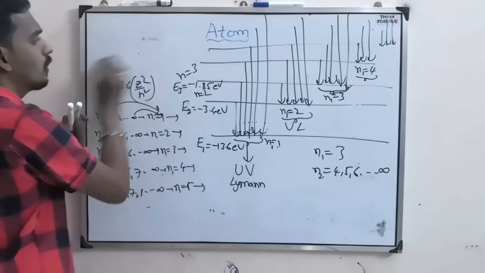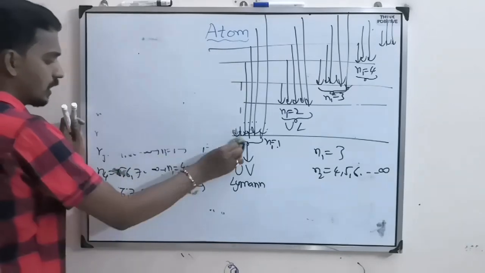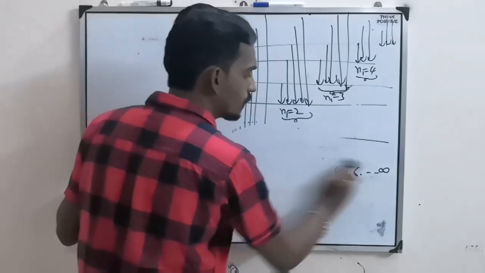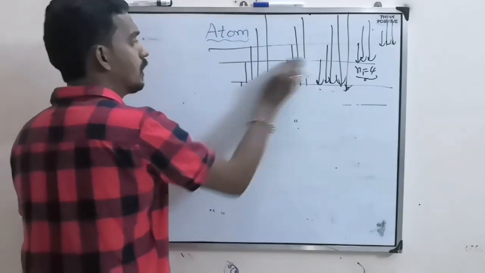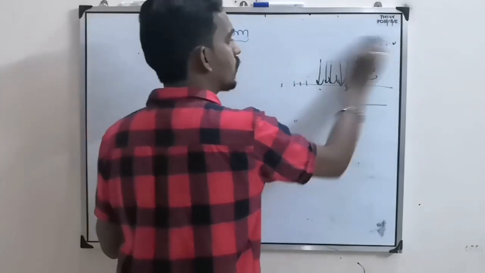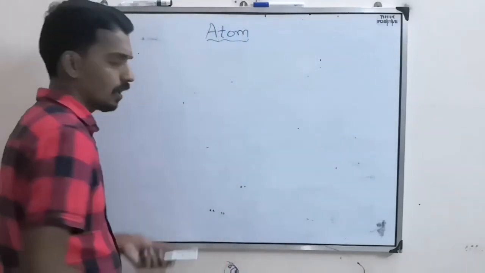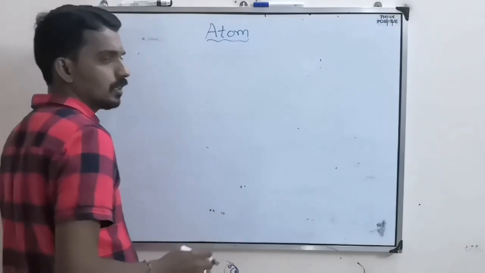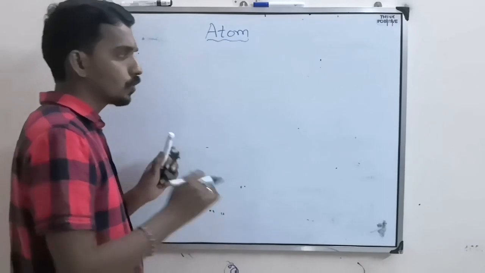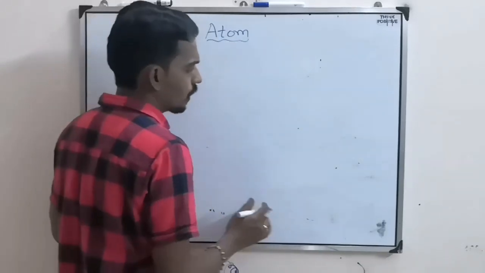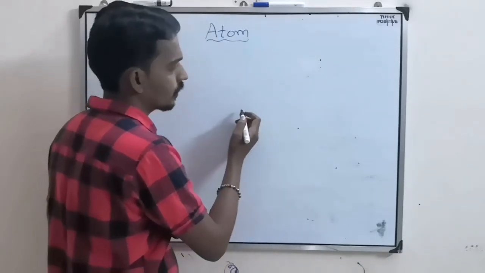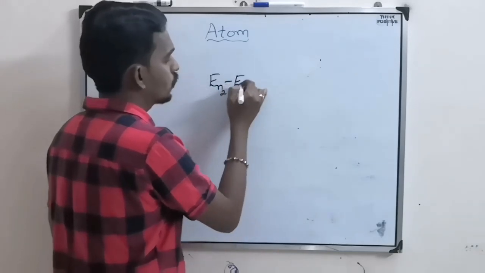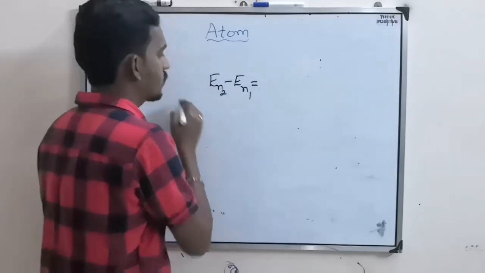So they can ask what is the wavelength of any particular series, of any particular transition between any two energy levels. Then what is the formula we need to understand? That generalized formula is usually the last thing they will ask. The energy transition En2 to En1 means En2 minus En1.